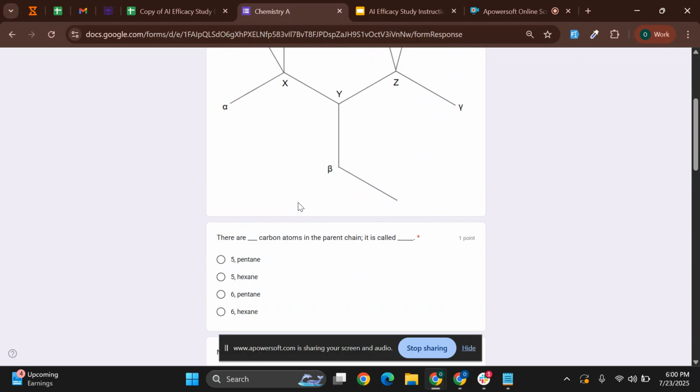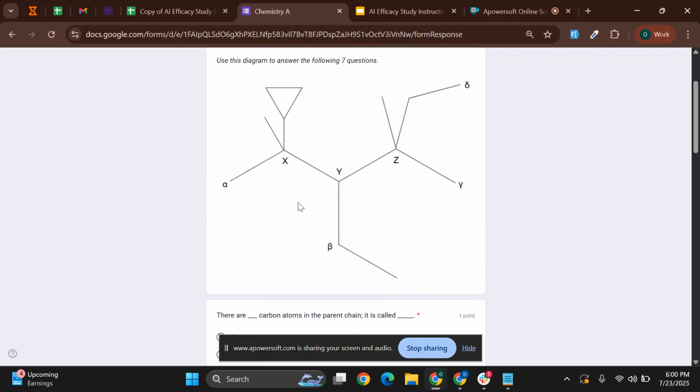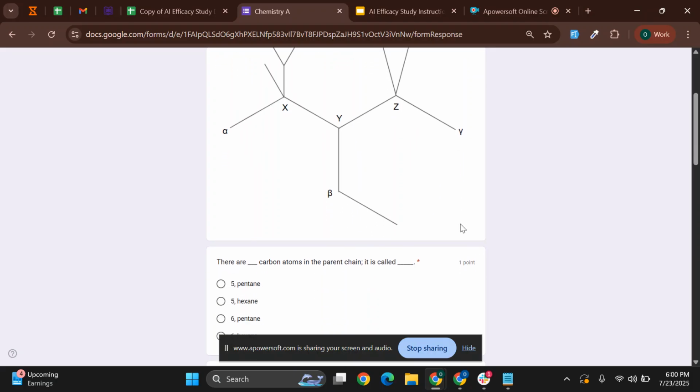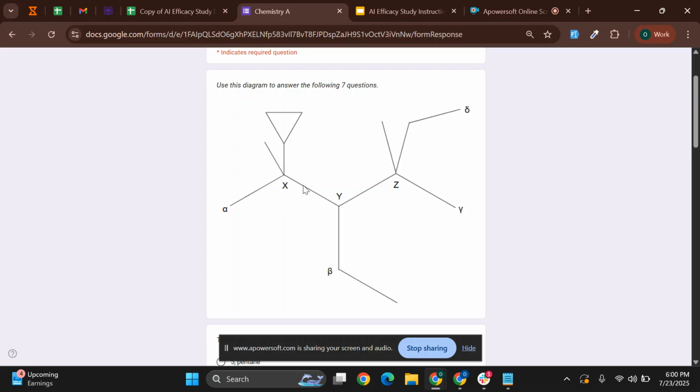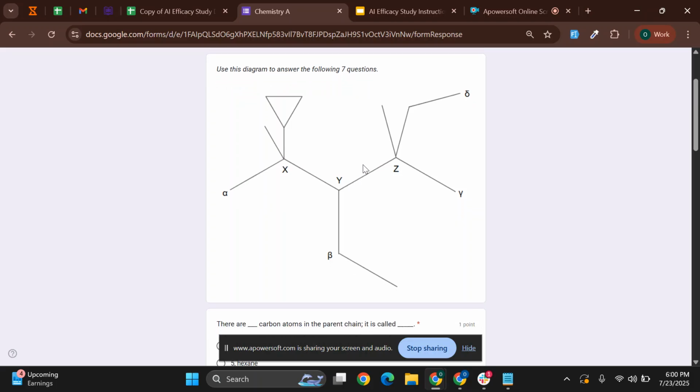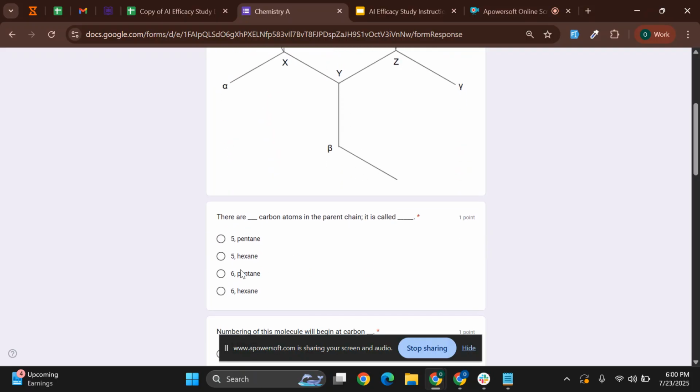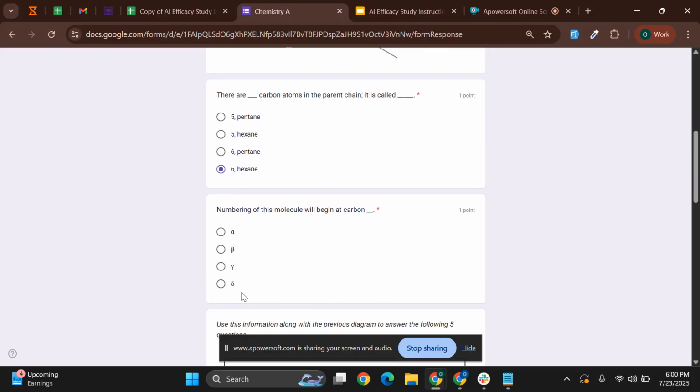It is called... There are one, two, three, four. I think parent chain four. So I think it is called five carbon atom. So I think it's D.